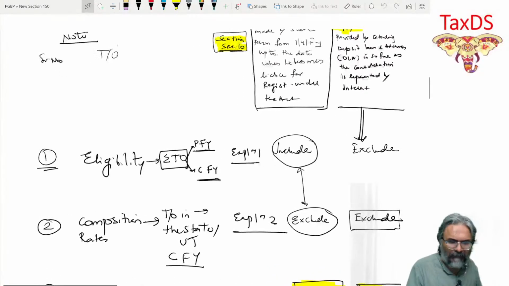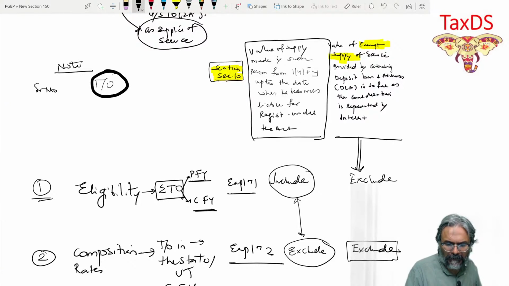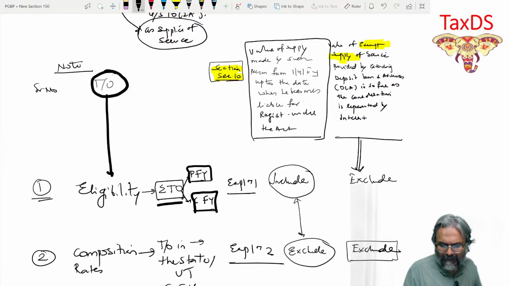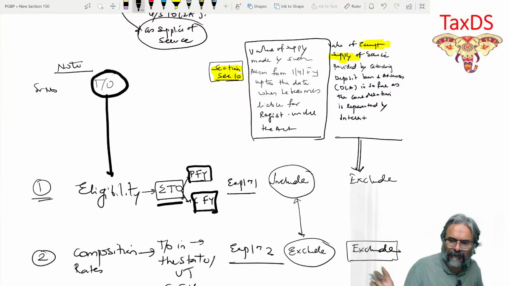The note I made you write in the concept class was about the turnover and the eligibility. If it is aggregate turnover, whether it is the previous financial year or the current financial year, then as per Explanation 1, it includes what, students? The turnover from the 1st of April to the registration period.